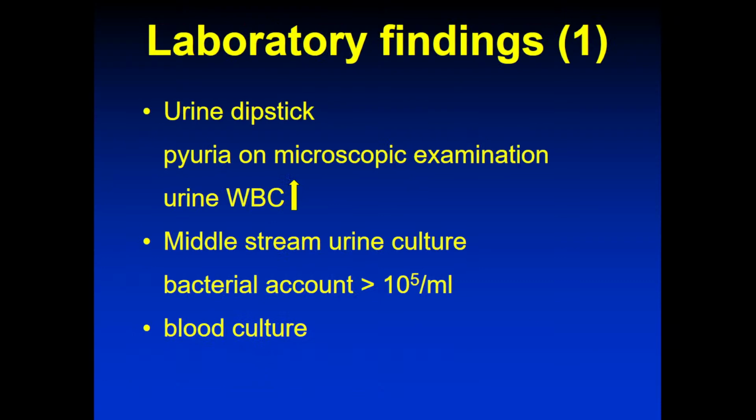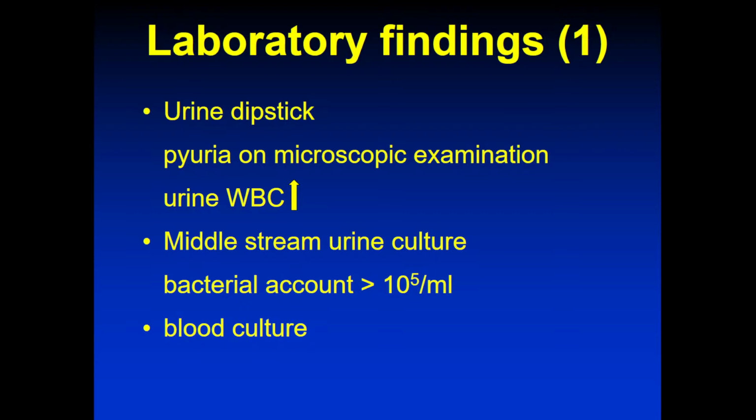Laboratory findings. The simplest approach is the usage of a urine dipstick to reveal pyuria, with microscopic examination whenever we discover it with the dipstick, and to reveal the increased amount of white blood cells in urine.